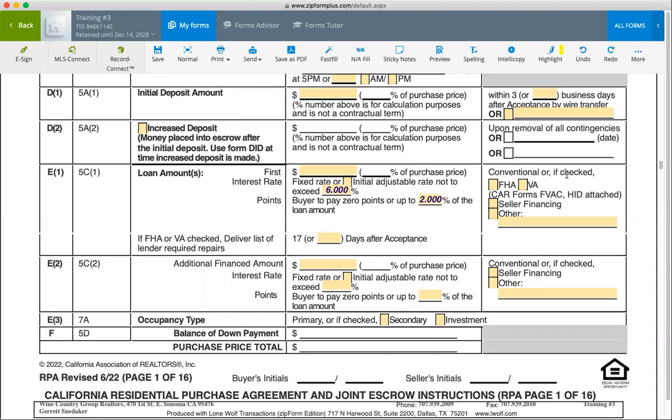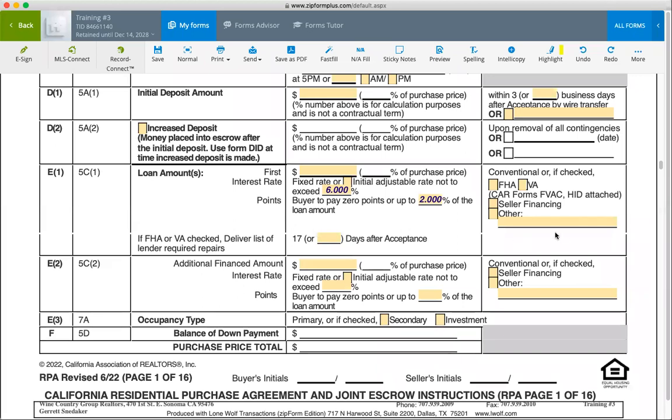It's deemed over here in other terms, it's deemed to be a conventional loan unless these are checked. Could be an FHA, a VA, could be seller financing, other things there. If it's an FHA or a VA is checked, deliver a list of the lender required repairs within 17 days.